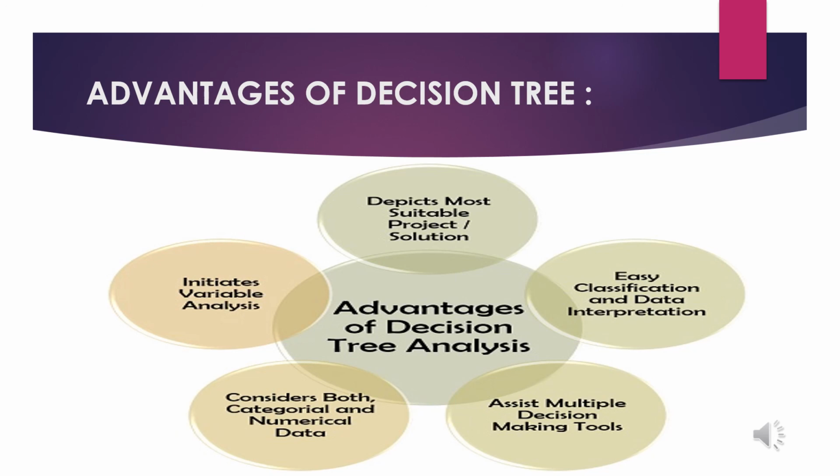The third advantage is that it assists multiple decision making tools. It benefits the decision maker by providing input from other analytical methods like the nature's tree, where we can take the help of nature's tree in order to get the entire decision tree working. Most importantly, this technique takes into consideration the quantitative as well as the qualitative variables for better results.